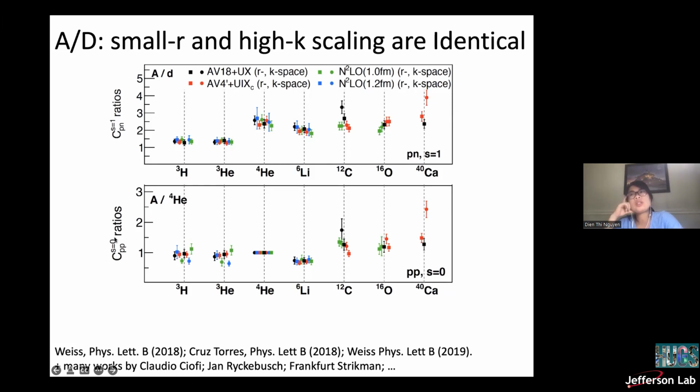So you may ask yourself here, what does it tell us? What does that mean? We said many times before that SRC is responsible for the high momentum tail, and that is in the Q space, the Q coordinate.